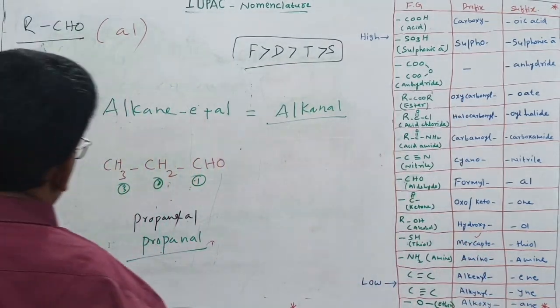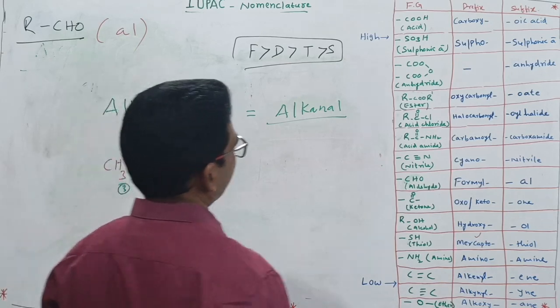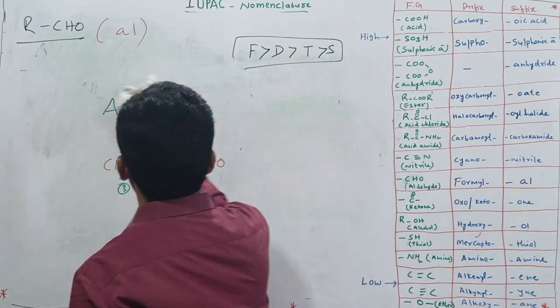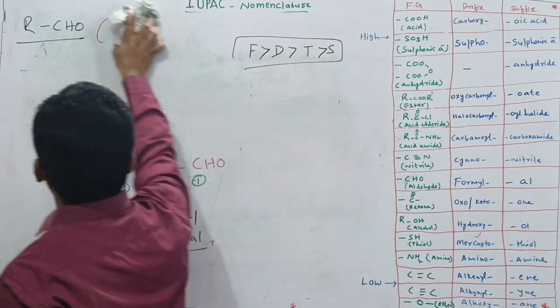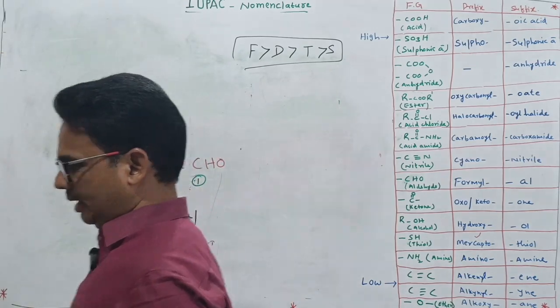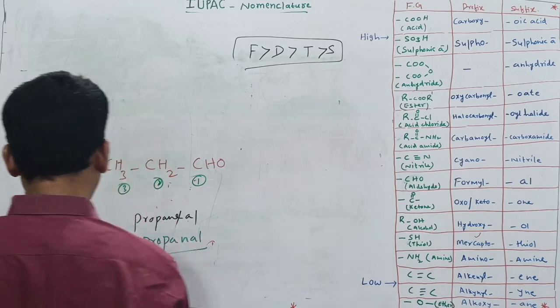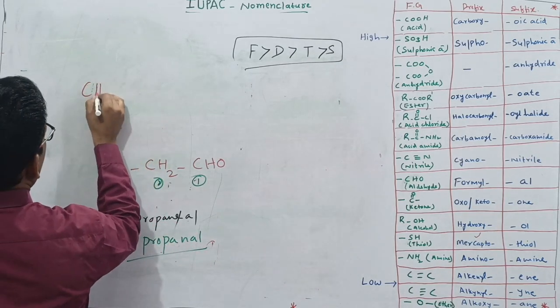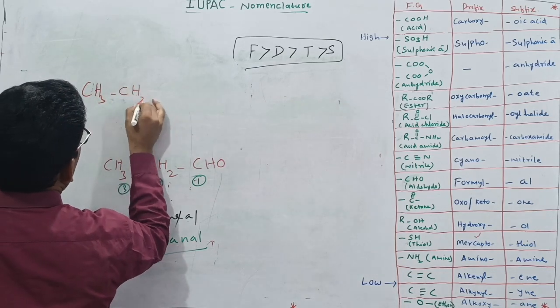Now I will write both aldehyde also, alcohol also. और एक example देता हूं, aldehyde को भी include करेंगे, अल्कोहल को भी include करेंगे. देखो.